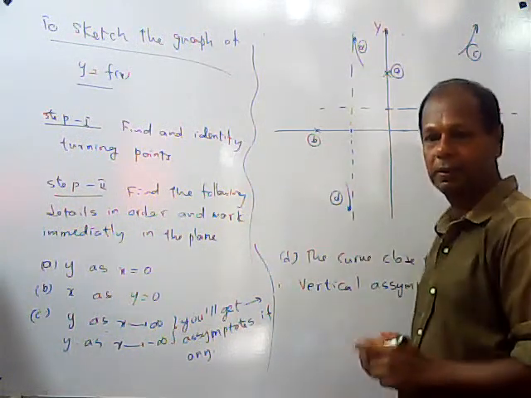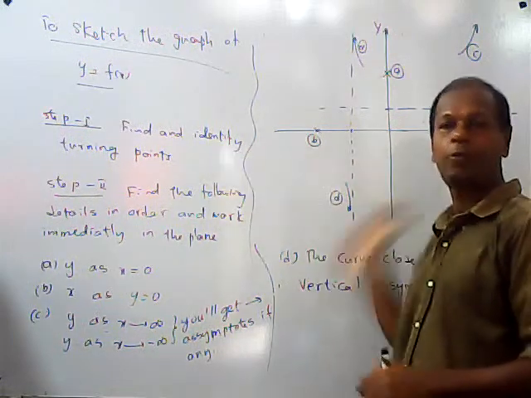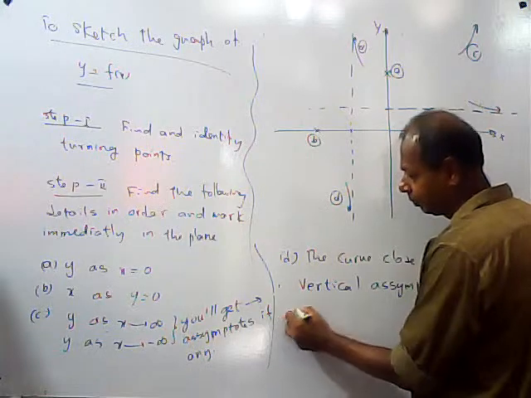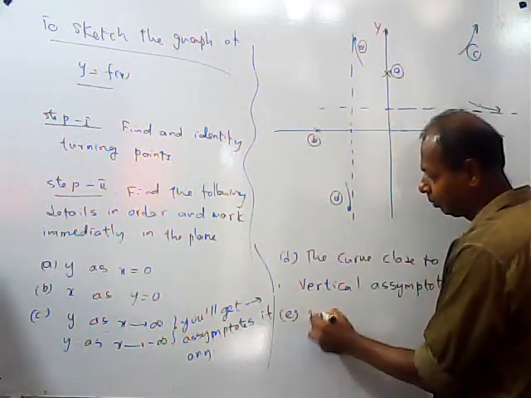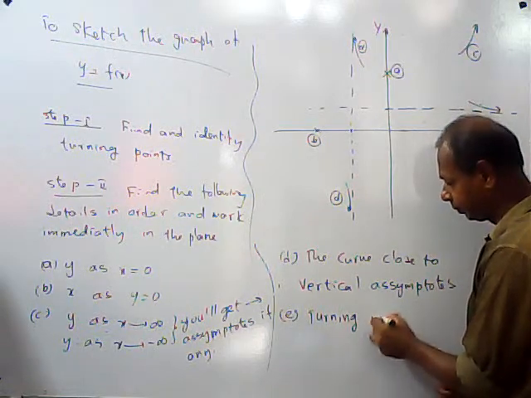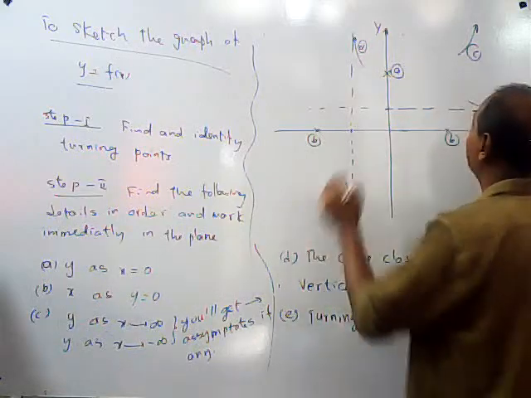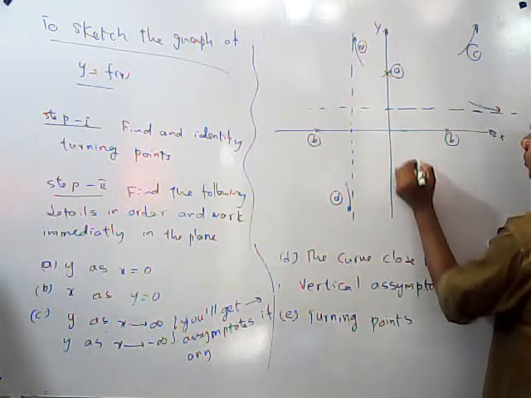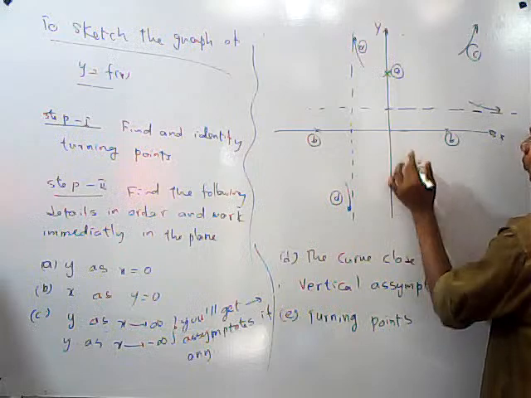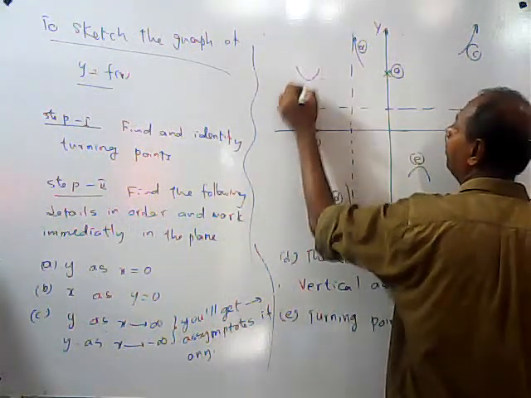Then, at the beginning you found the turning points. Now mark the turning points, if any. You found them at the beginning. It's like a maximum, maybe a minimum.